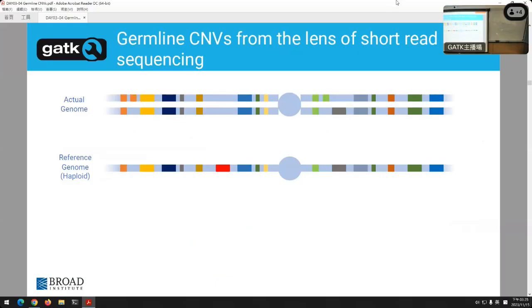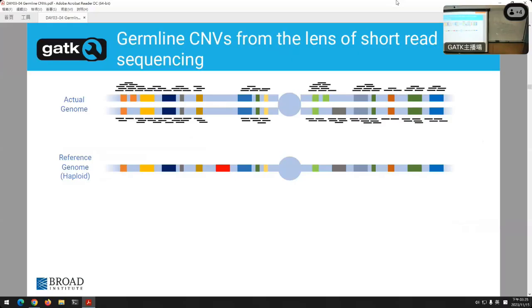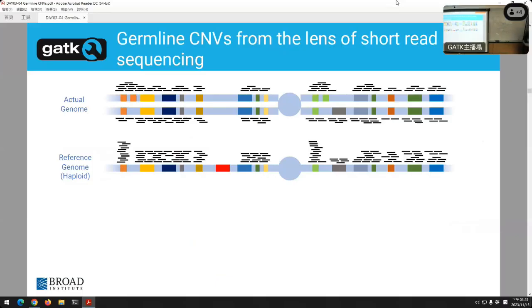Okay, so what happens when we actually do sequencing? Here is what it looks like when we shear the DNA in the sample into fragments, and then we sequence those fragments and align them back to the sample genome. And then when we align them back to the reference genome, we start to see that the coverage varies in the places where we saw copy number variants in the sample.